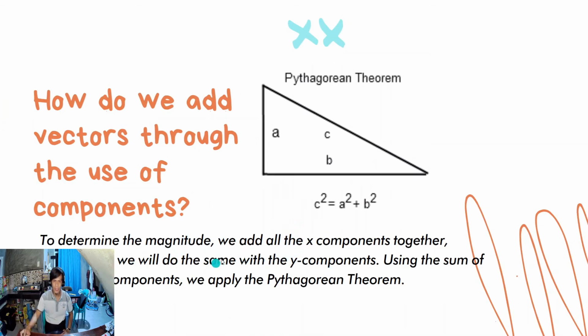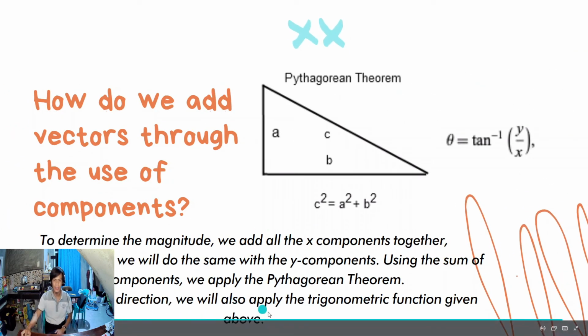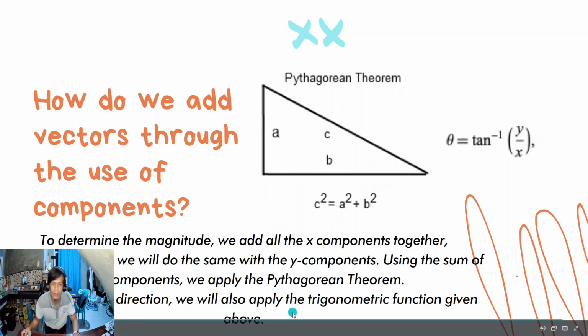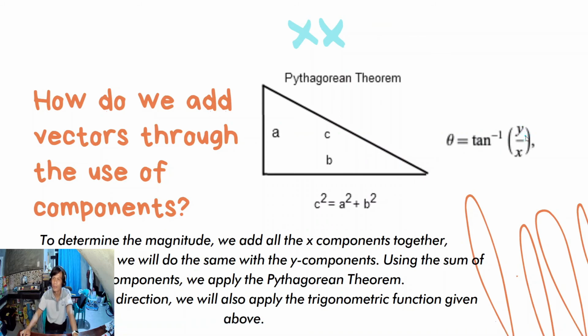We just use the x components and the y components to simplify a right angle triangle. And to determine, of course, the direction, we also apply the trigonometric function just like what we used in our previous method, which is the inverse tangent of the sum of the y components over the sum of the x components.